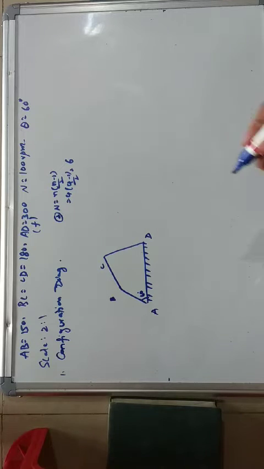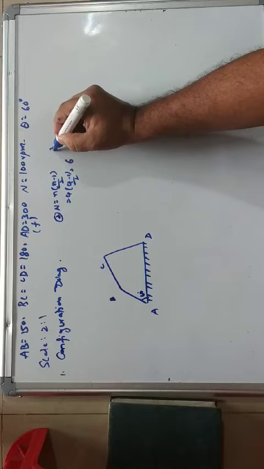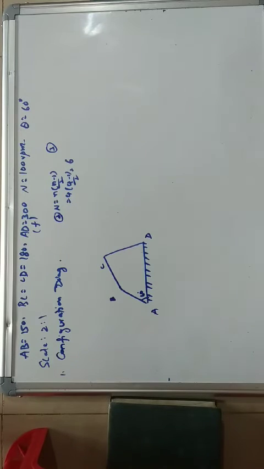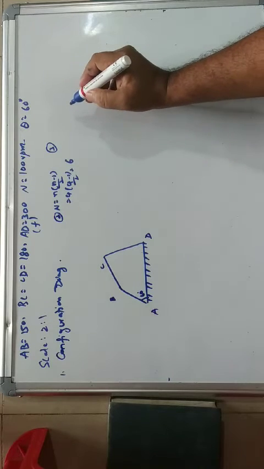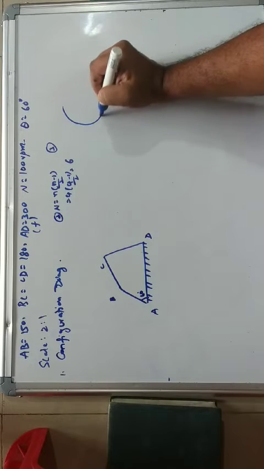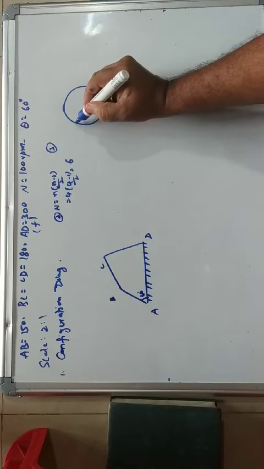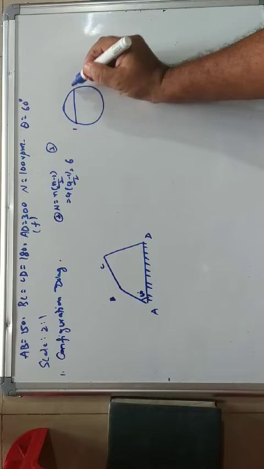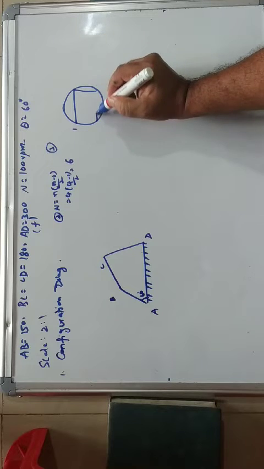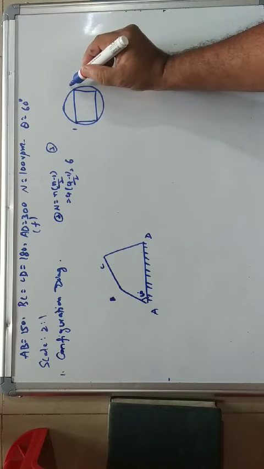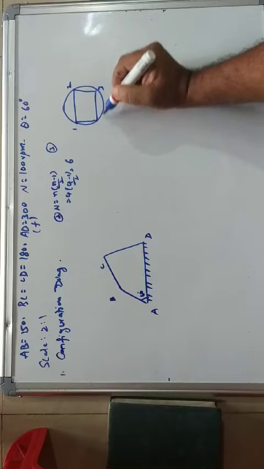The third step is, as I told you, we have to locate all the instantaneous centers, either by the circle method or the bookkeeping method. As I told you, the better one is the circle method. So draw a circle here. This is 1, just draw the 4 links here, 1, 2, 3 and 4.